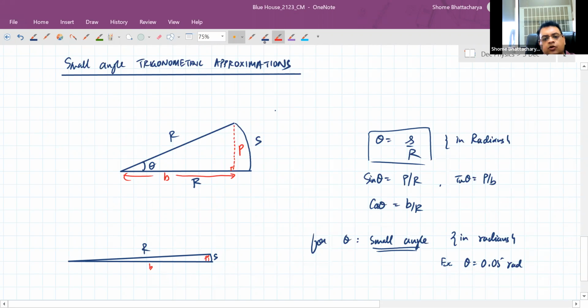So what happens is that our sine theta, which is perpendicular upon radius, tends to become equal to theta, because the perpendicular tends to be equal to the arc length.